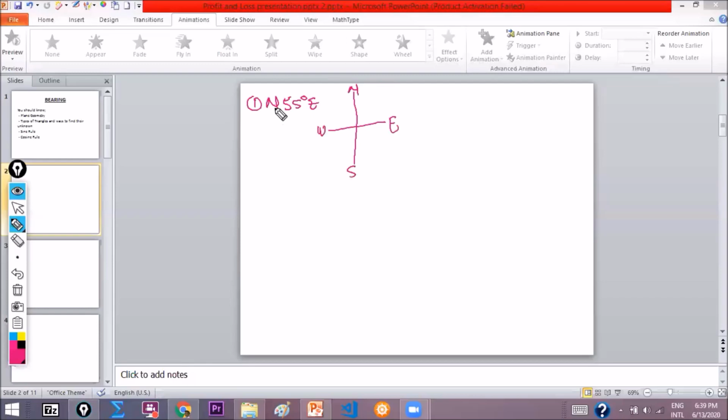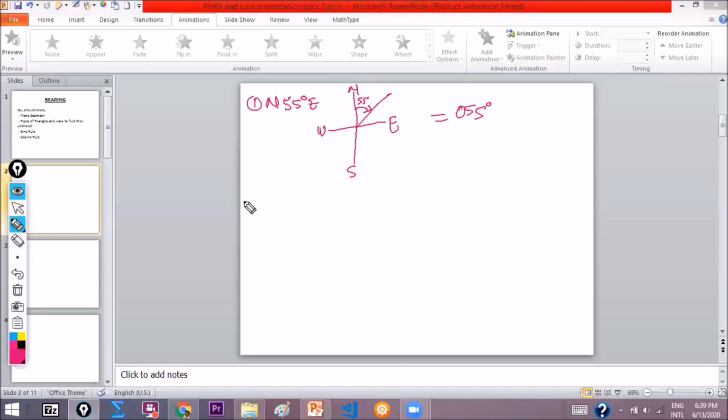This is north 55 east, from here to somewhere here. So this is 55 degrees. Compass bearing starts always from the north. So from the north, this is 055 degrees in 3-digit bearing, straightforward and easy.